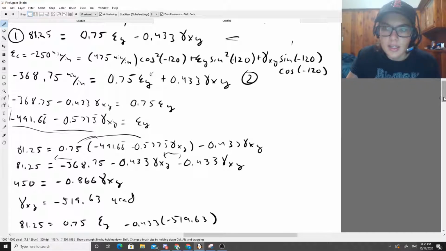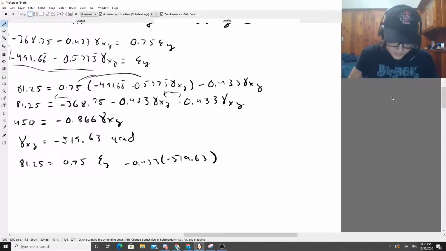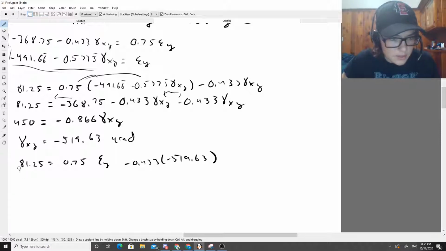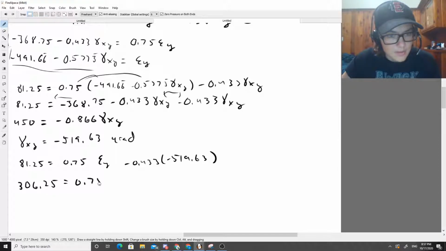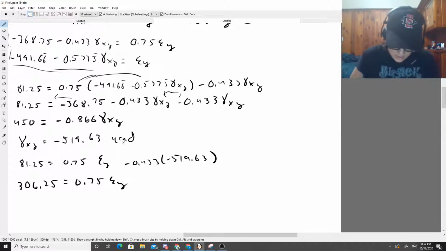And we'll solve for that. Times 0.433, that's 225, which I'll put on to the other side, plus 81.25 is going to give us 306.25 is equal to 0.75 strain y divided by 0.75.